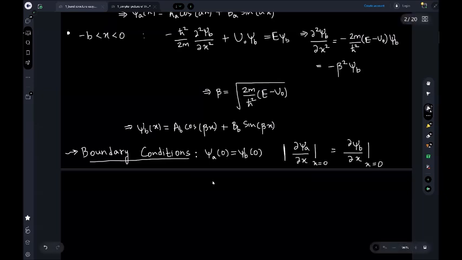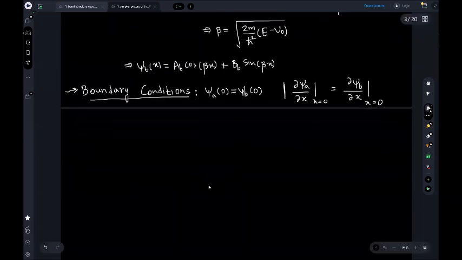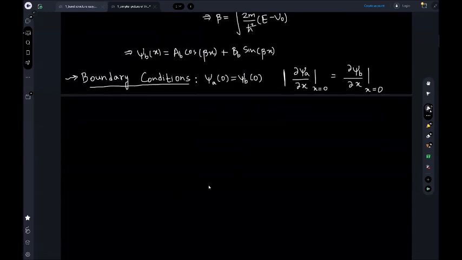Now if I use these two conditions, what I'm going to get is this. This is from the first condition, that is psi of A at x equals 0 will equal psi of B at x equals 0.